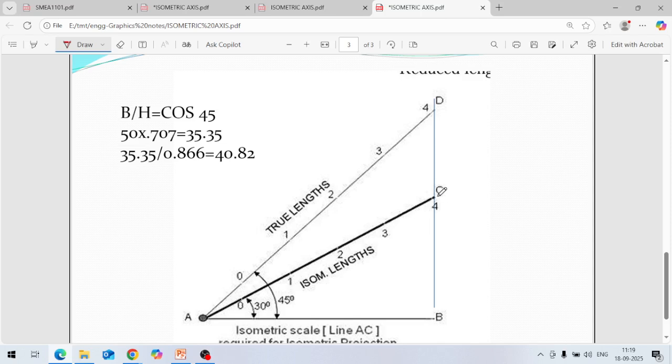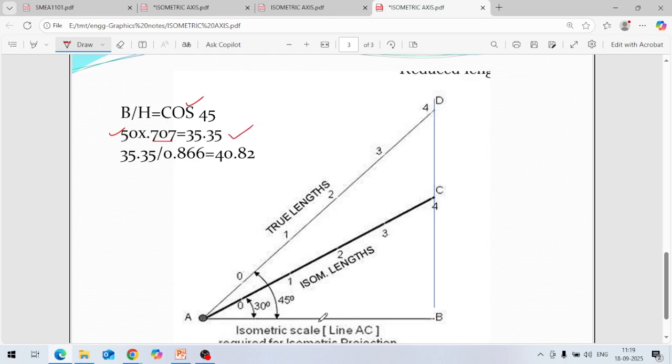How to calculate it? The true length is 50 mm here, and because this angle is 45 degrees, this base length, because b upon h is equal to cos 45 degrees, base upon hypotenuse, cos 45 is 0.707. If you multiply this by 50, it is 35.35.